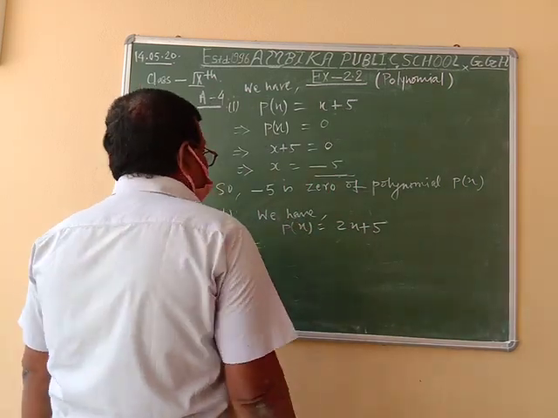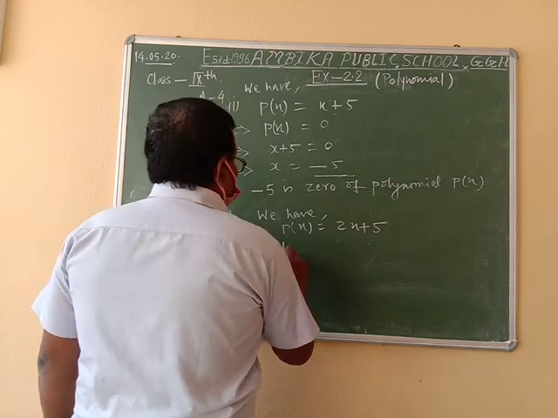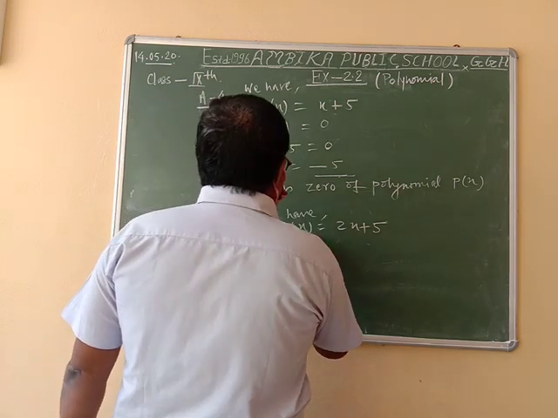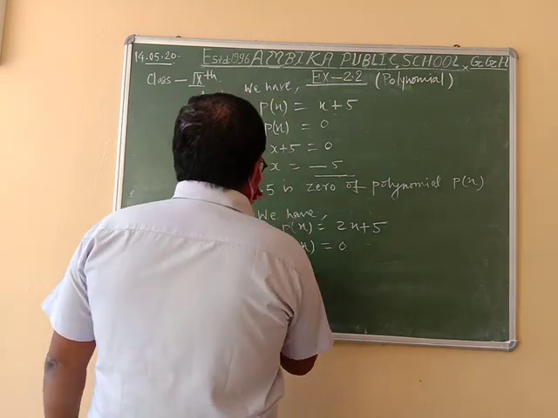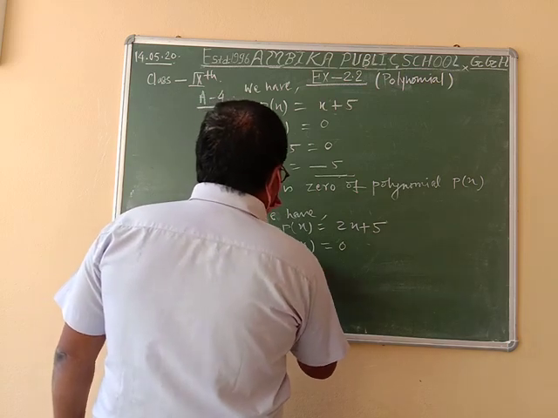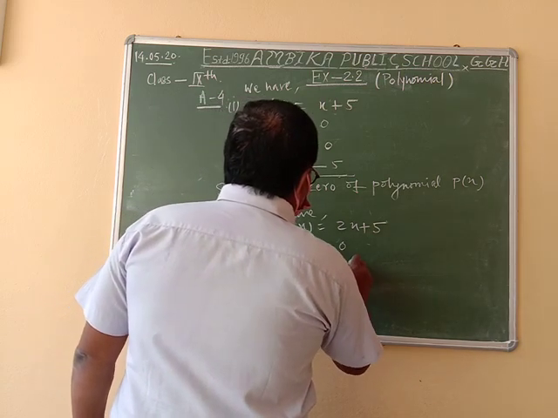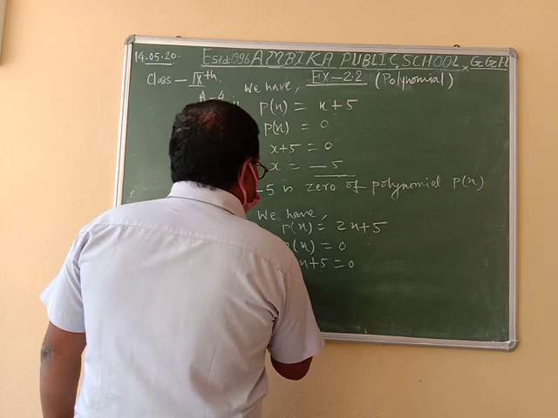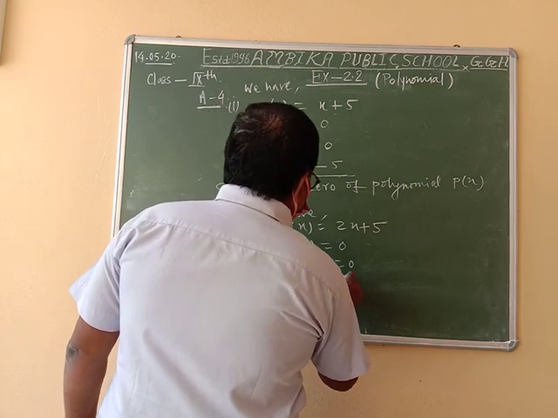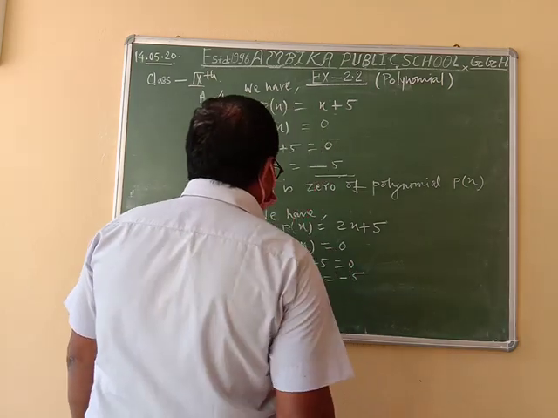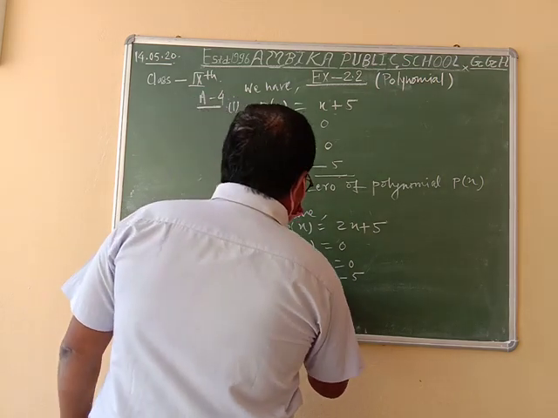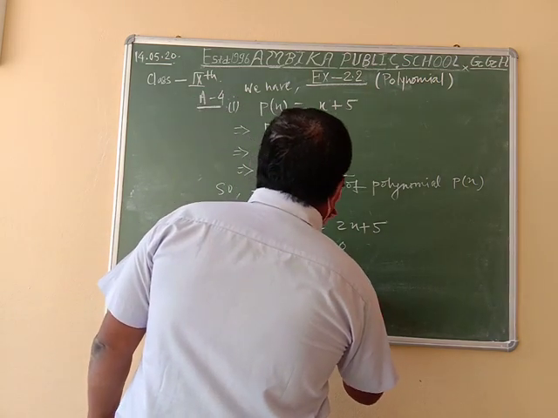To find the zero of the polynomial, p(x) is equal to 0, so 2x plus 5 is equal to 0, so 2x is equal to minus 5 by transposition, so x is equal to minus 5 by 2.